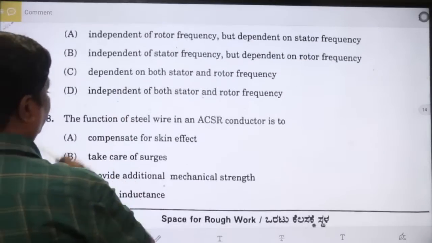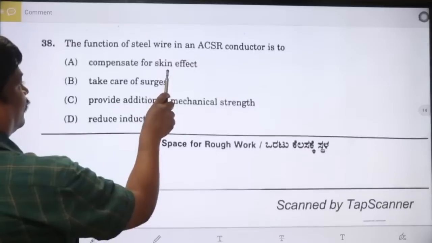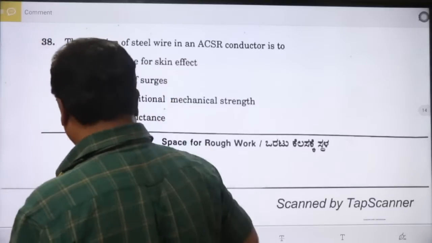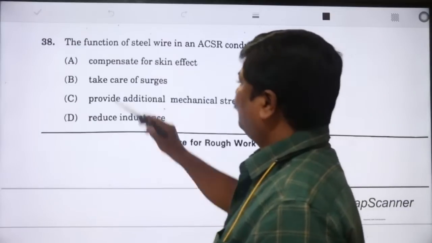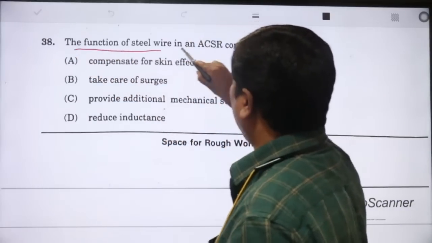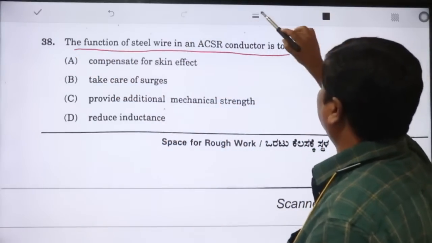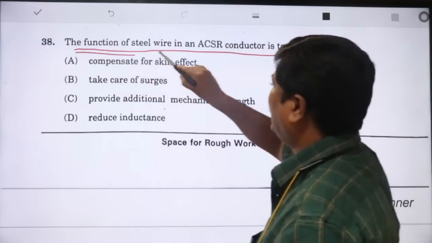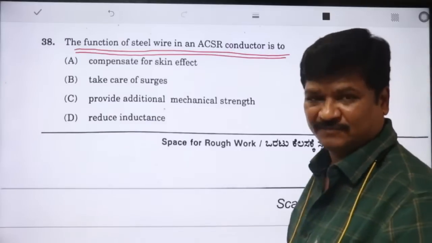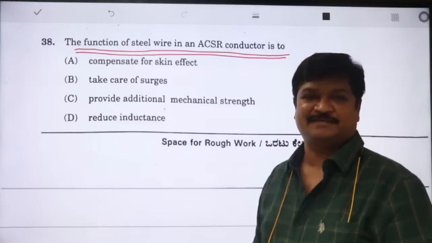That too, whatever we discussed, 80% of questions are from it. See here, see all of you. The function of a steel wire in an ACSR conductor. How simple it is.